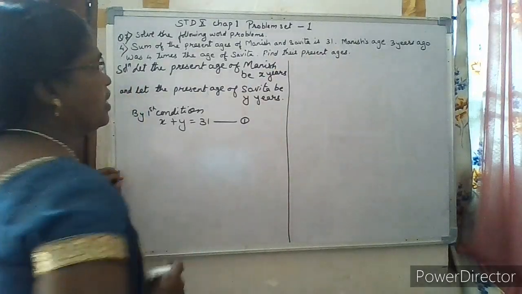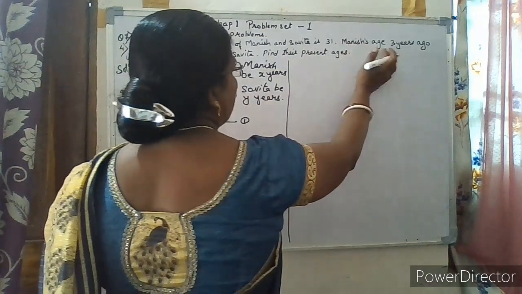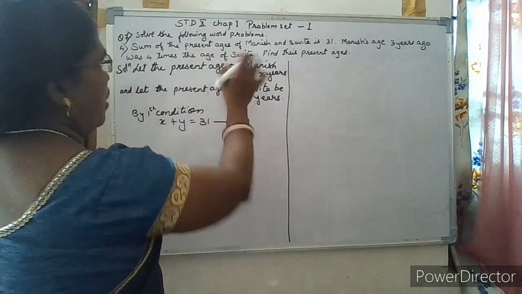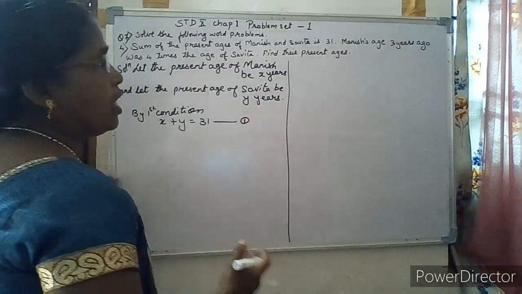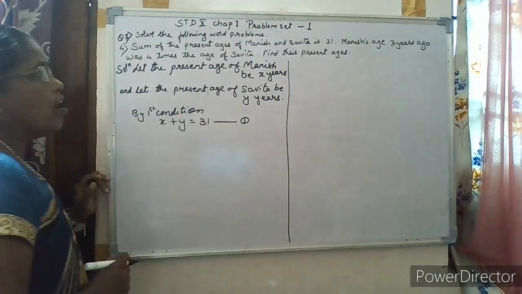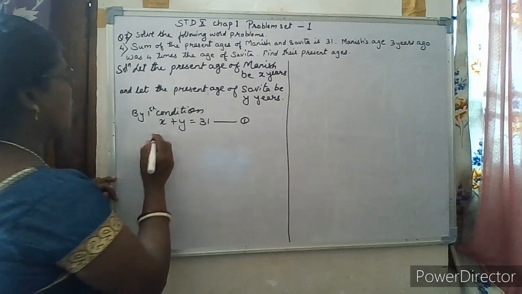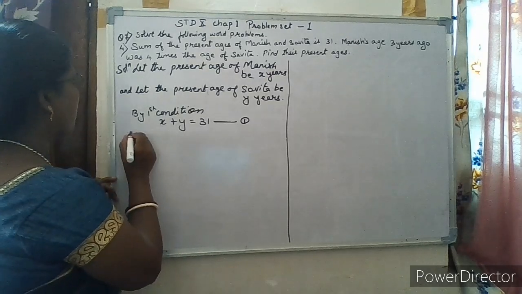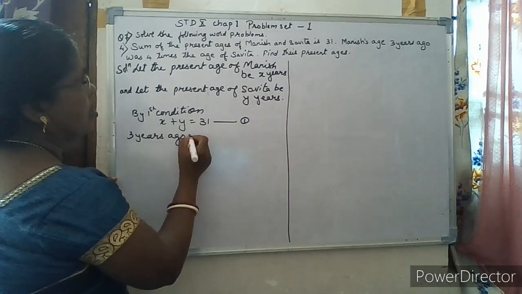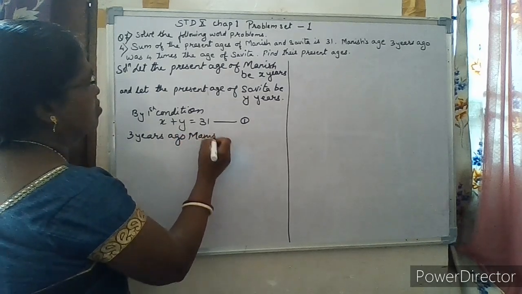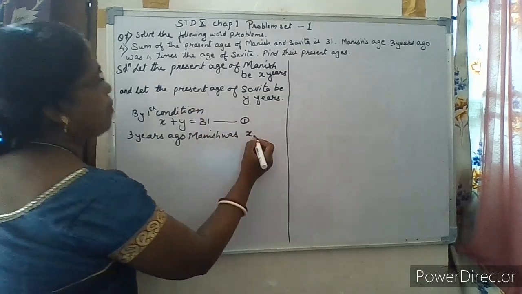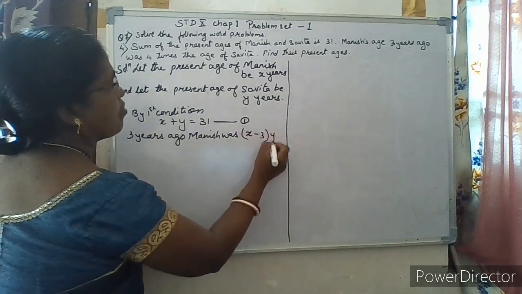Before going to the second condition: Manish's age 3 years ago was 4 times the age of Savita. So 3 years ago, what was Manish's age and Savita's age? We have to find this out. So 3 years ago, Manish was x minus 3 years.